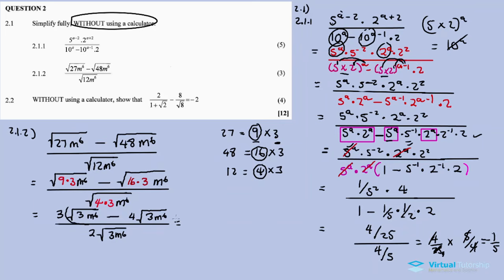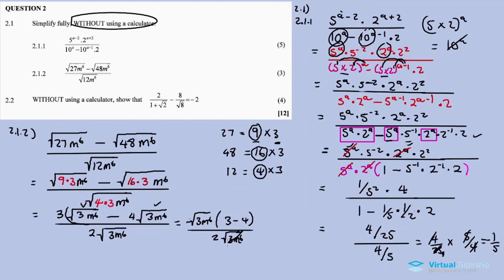The square root of 3m^6, what is it? It's a common factor. Exactly. So we are going to take out the square root of 3m^6 outside the bracket. Also keep it as a common factor. So now the square root of 3m raised to exponent 6 remains with 3 minus 4 divided by 2 square root of 3m raised to exponent 6.